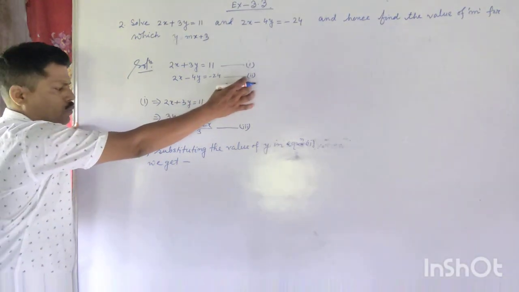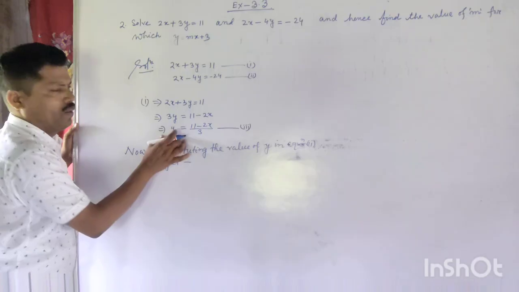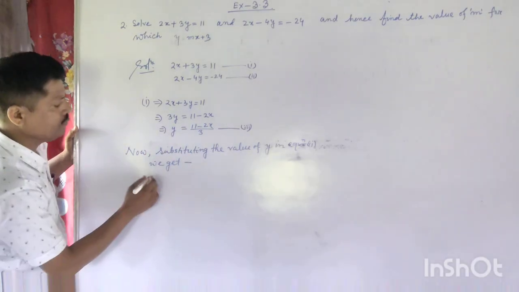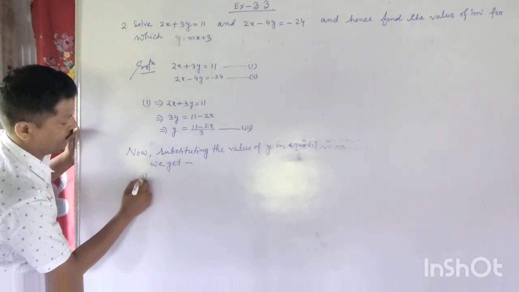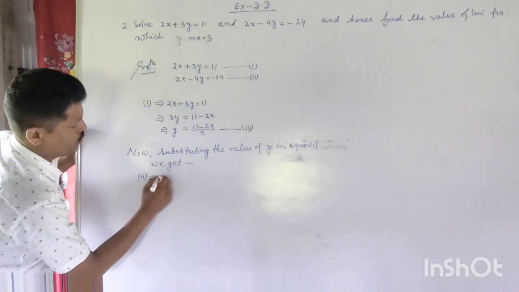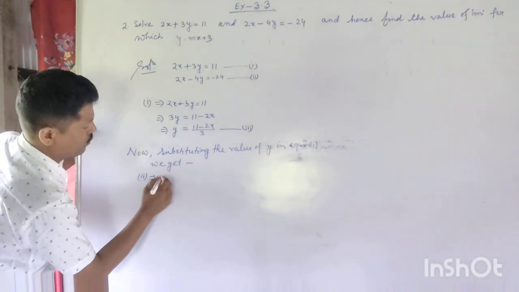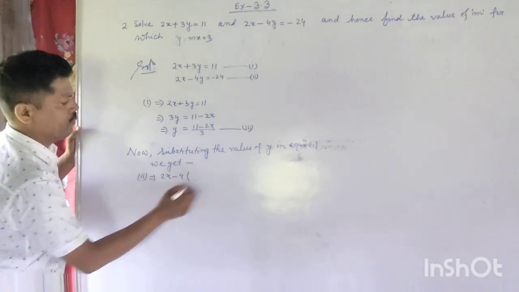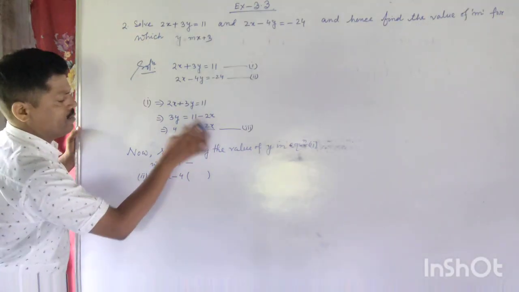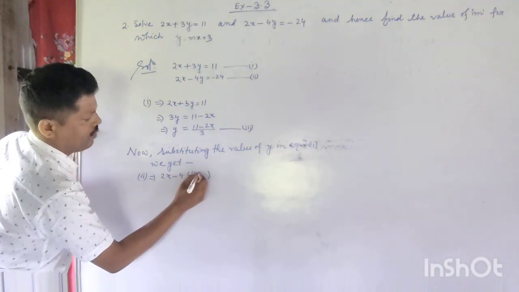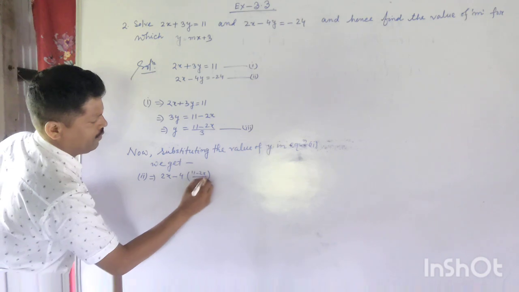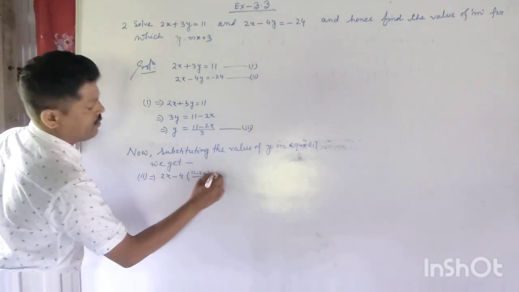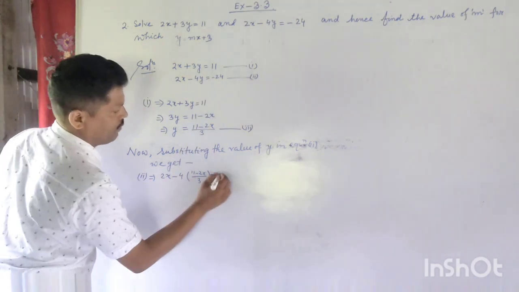From equation 2, we have to put the value of y. So in equation 2 there is 2x minus 4 into the y value. The y value will be this, 11 minus 2x divided by 3, is equal to, in the right part having minus 24.